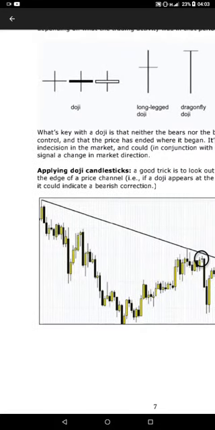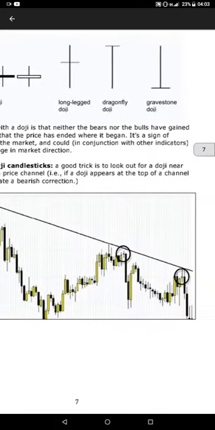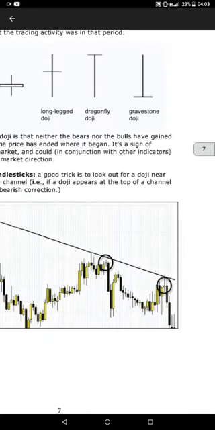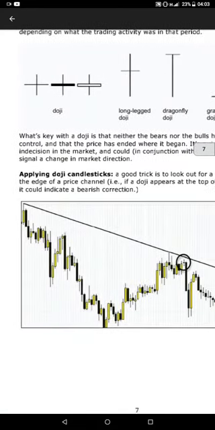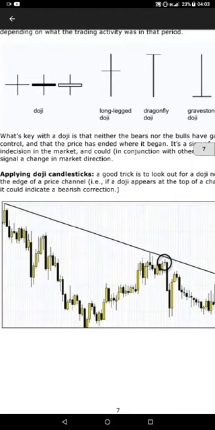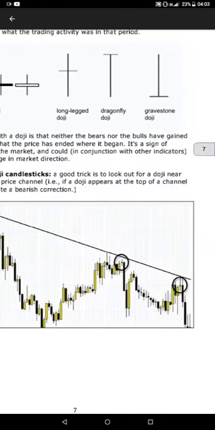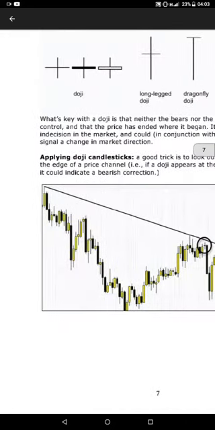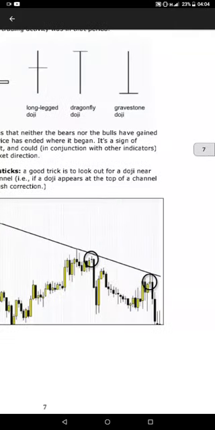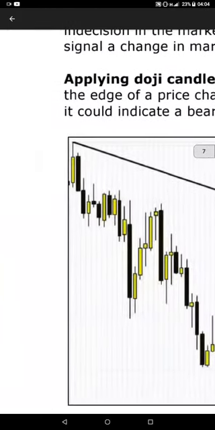Applying doji candlesticks, a good trick is to look out for a doji near the edge of the price channel. For example, guys, if a doji appears at the top of a channel, it could indicate a bearish reversal. As you can see here, we have an example.